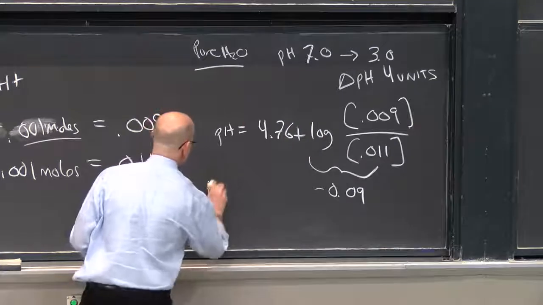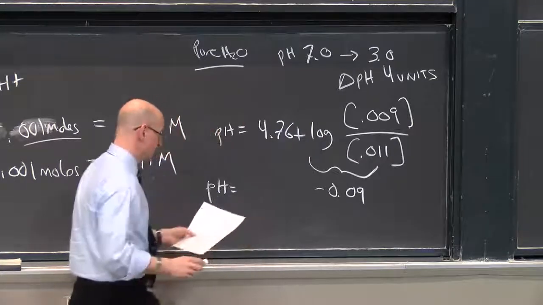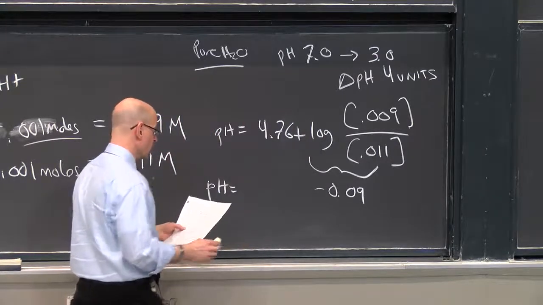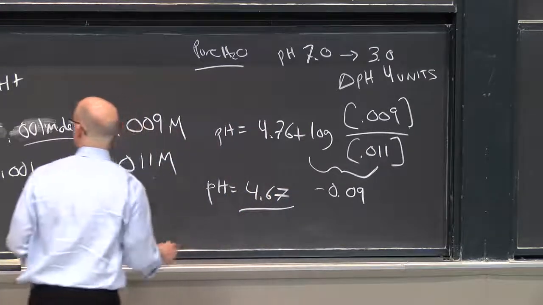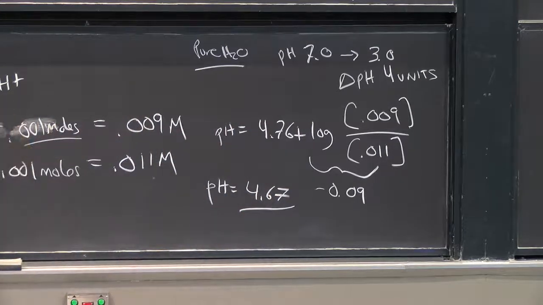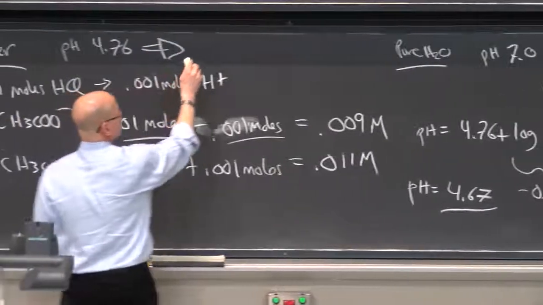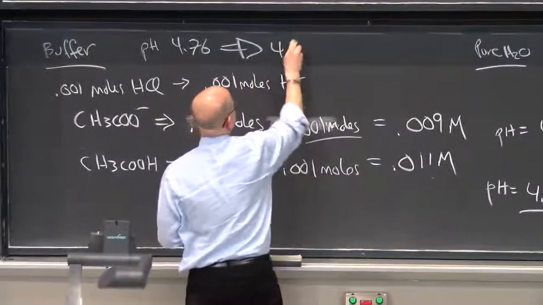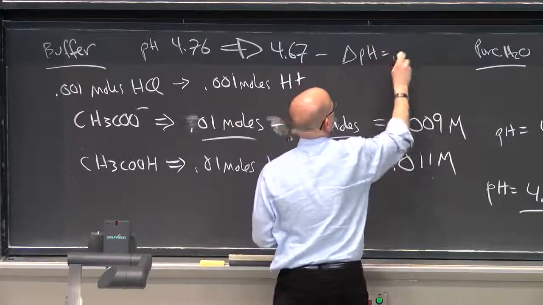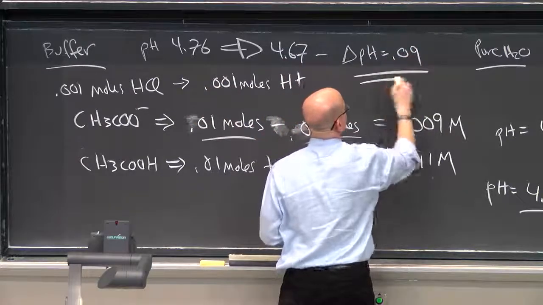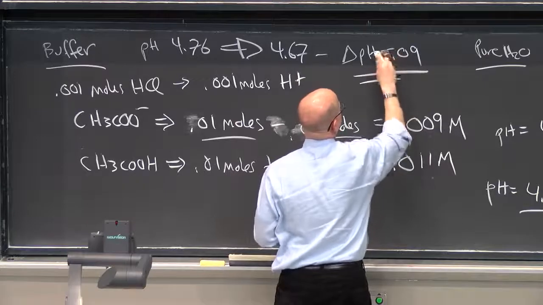And so our new pH is 4.76 minus 0.09, or 4.67. So what happened? Our buffer started out at 4.76, and it ended up at 4.67. We had a change in pH of minus 0.09.